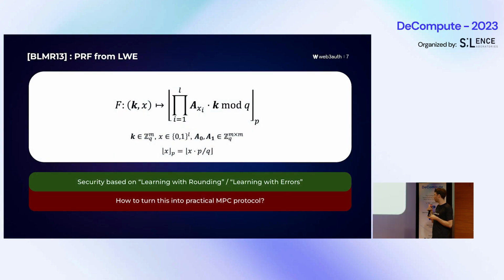So we started from looking at this PRF from 2013, and it is a lattice-based construction. The secret key is a vector over Z_Q.